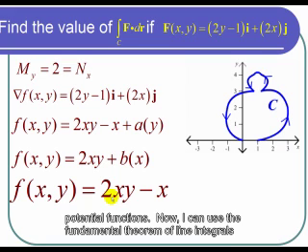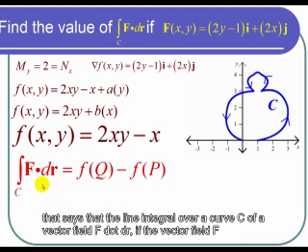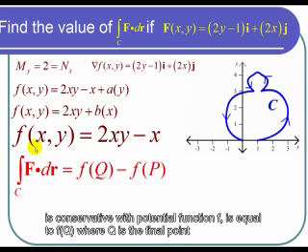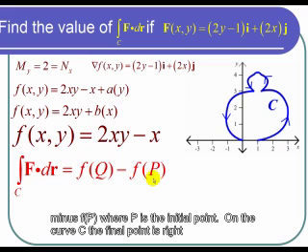Now I can use the fundamental theorem of line integrals that says that the line integral over a curve C of a vector field F dot dr, if the vector field F is conservative with potential function little f, is equal to f of q, where q is the final point, minus f of p, where p is the initial point.